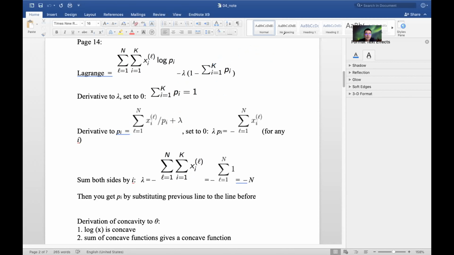So all we did is take the derivative with respect to Pi, and we get this. But next, we want to set it to 0. If we set this to 0 and move lambda to the right-hand side, we're saying this thing should be equal to minus lambda. Then we can multiply by Pi on both sides, and you get this.